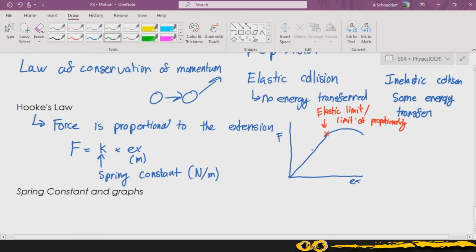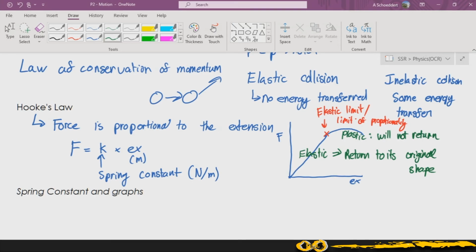There are two sections to the graph then. There's this first section of the graph where we refer to the material as elastic. It will return to its original shape. And this section of the graph, which is plastic, where it will not return to its original shape.